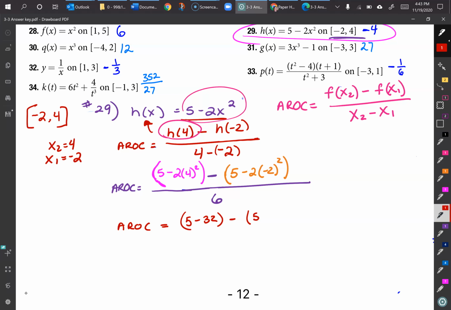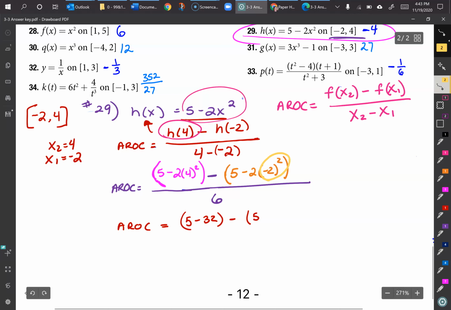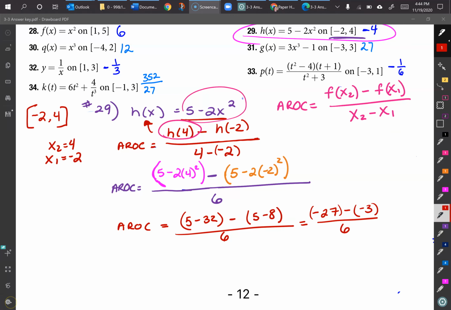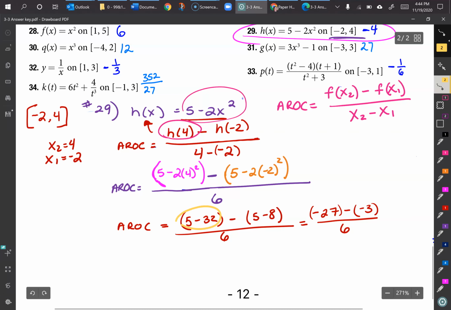You do the -2 squared first, remember, so that would be 4 times 2, so minus 8, all divided by 6. So 5 minus 32 gives me -27. 5 minus 8 gives me -3.